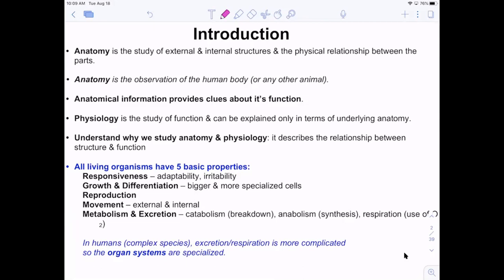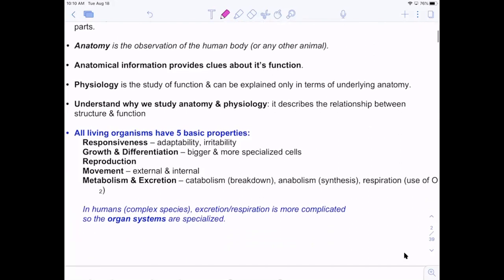So we get oxygen into our blood and carbon dioxide out of our blood. And so those are two organ systems that work together, the heart and the lungs. It's cardiorespiratory. So in anatomy, we're naming all of those things. In physiology, which you will take next, is where you actually learn how the respiratory system exchanges gases and so forth.